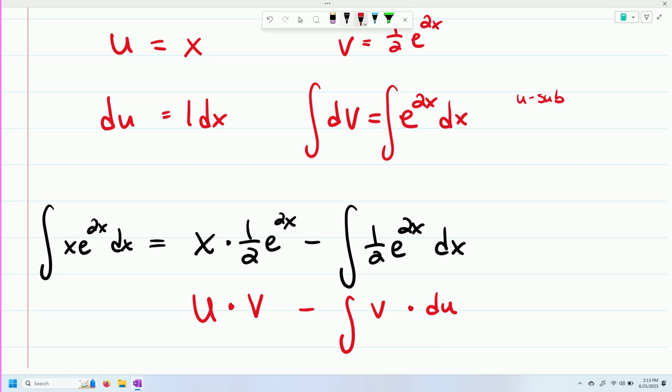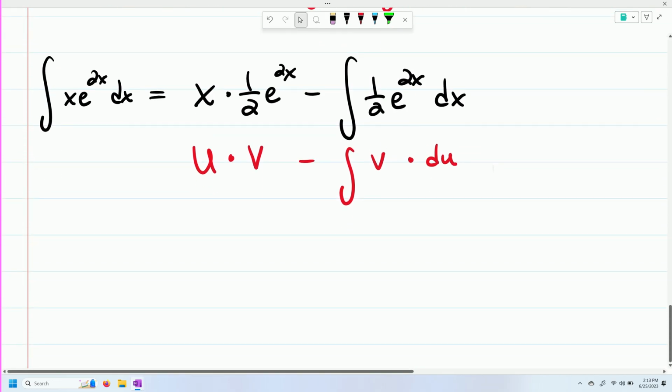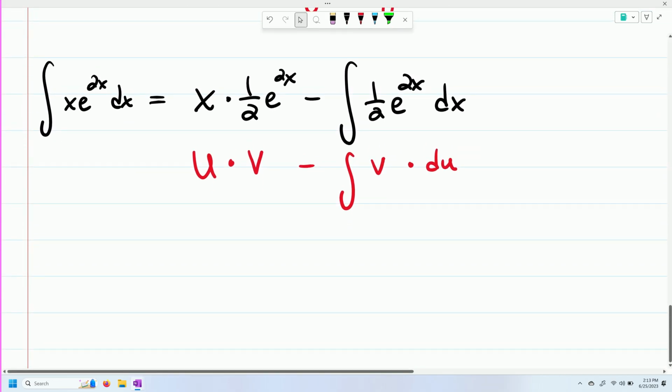So now I just have to integrate 1/2 e to the 2x dx again.